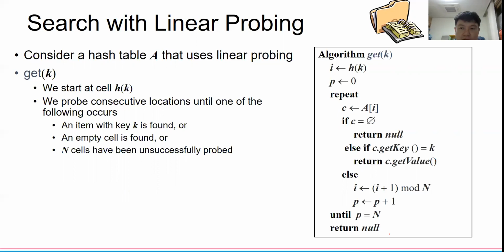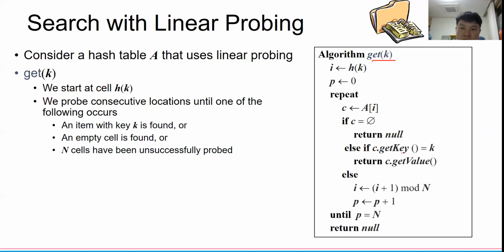So I give you this algorithm, get(k). If I have the key k in the particular list, then you just repeat for every cell. If it is null, then return null.